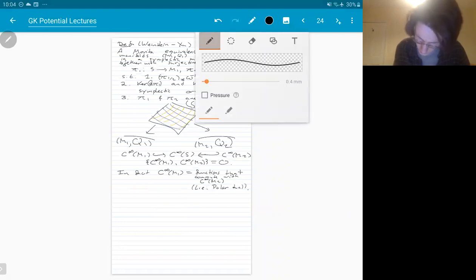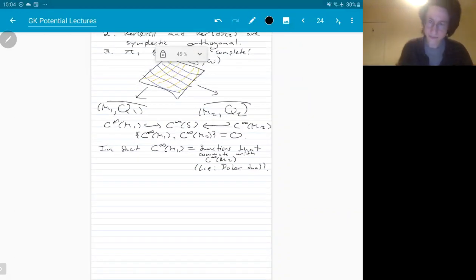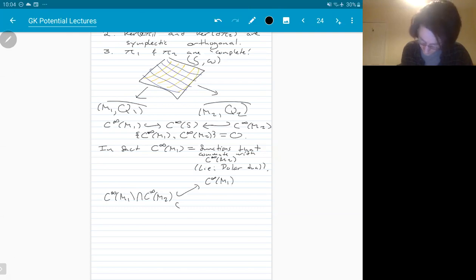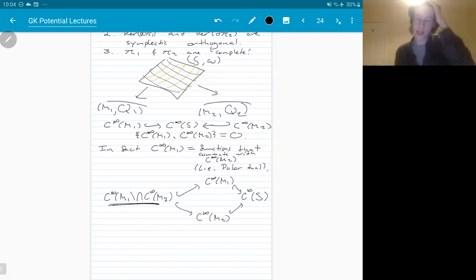This is useful for understanding what's going on here, because we can take the intersection of the functions on M1 and the functions on M2. So that embeds like this. And what are these functions? These are exactly the functions that commute with everything: because they live in C M1, they commute with everything in C M2, and because they live in C M2, they commute with everything in C M1.